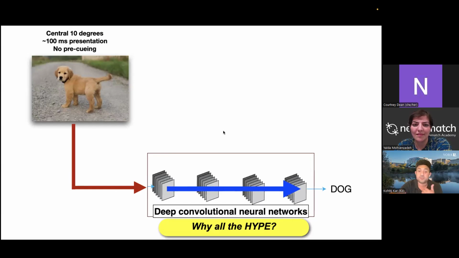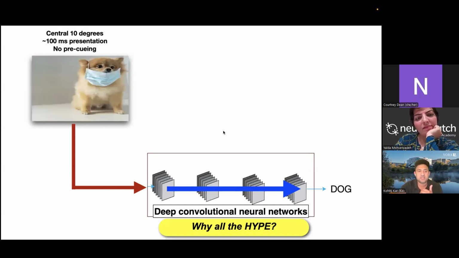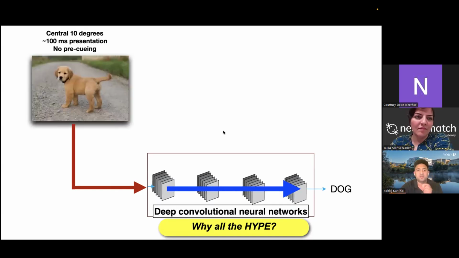Models were supposed to do this, but they struggled, because you don't only call this a dog. You also call this image a dog, this image a dog, this one a dog. You have to call all of them, classifying them at the same level as dog, which was not an easy thing to do. Over time, people have solved it to a certain level of accuracy.